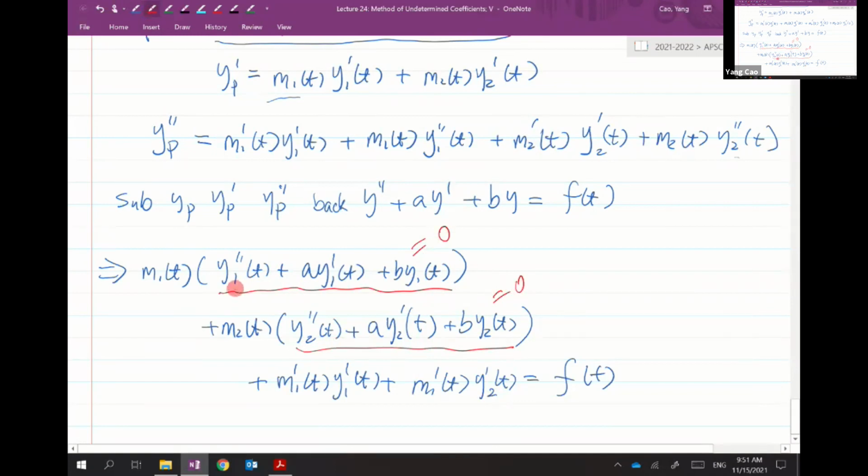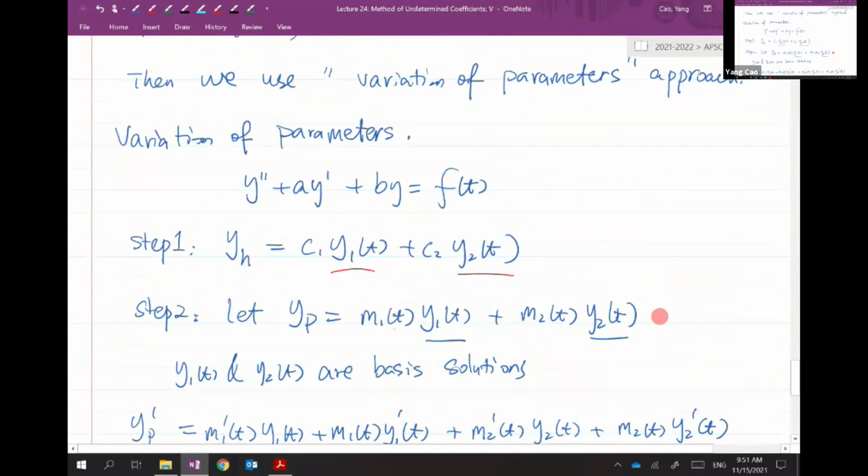Because y1 and y2, if you recall, are the basis solutions for the homogeneous second order differential equation. So if you substitute y1 here, it should be 0, and if you substitute y2 here, it should also be 0.